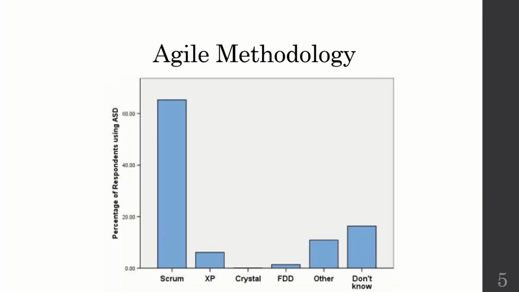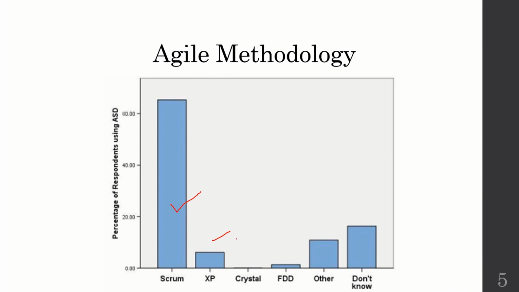Now this graph is basically showing you the ratio of use of different agile models. Here we can see that Scrum shows the highest percentage of respondents as compared to other agile models. Then we can significantly see that XP and other models have their role in development.